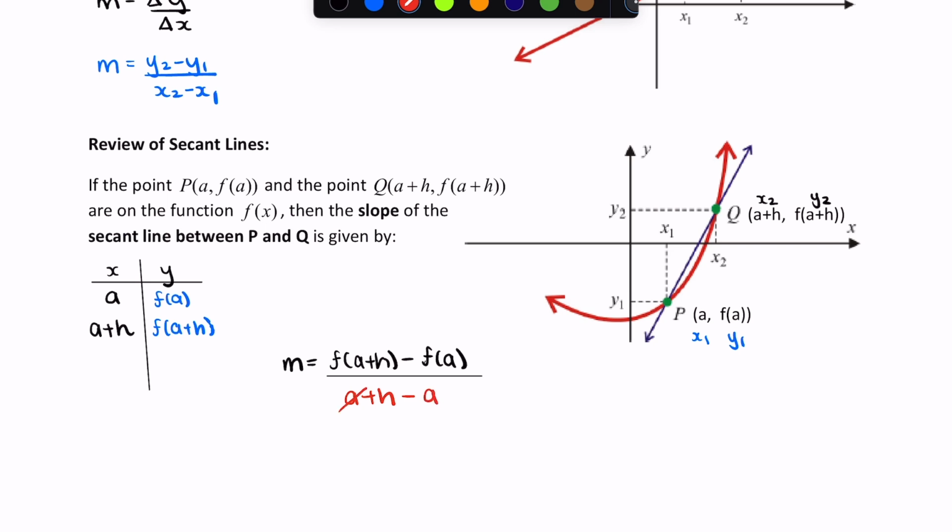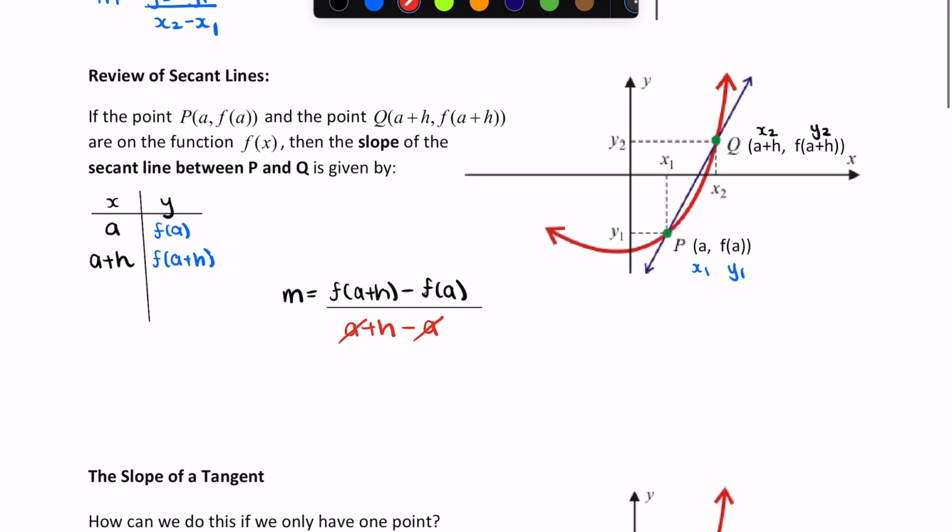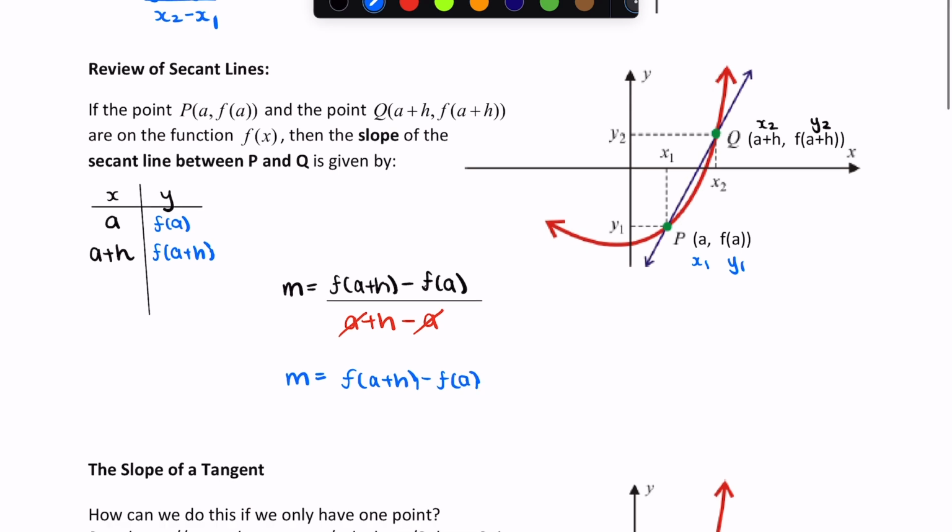We see here there's a positive a and a negative a that can cancel out. So here we can rewrite the equation as m is equal to f of a plus h minus f of a over h.